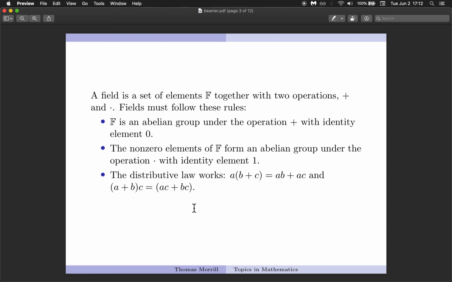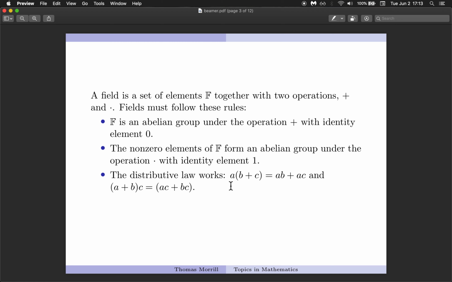The third rule is the distributive law, and we're just saying that, once again, parentheses work the way we would always expect them to. And this time, because we have two different operations, I've done the usual thing and said that elements just written next to each other implies a times sign.